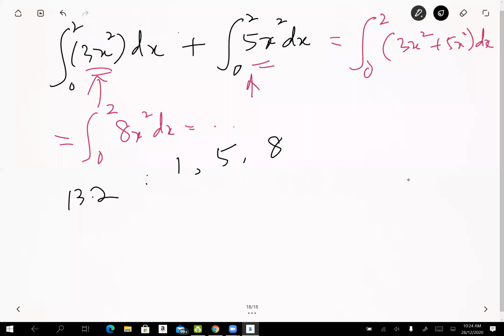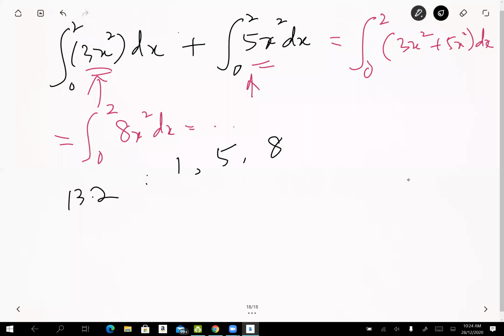As you go on, the questions become more difficult, so don't worry. So we do 15 and 16. So that is 13.2, we're done. I think we can finish up the integration today.